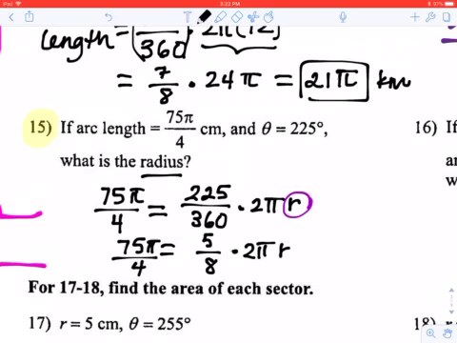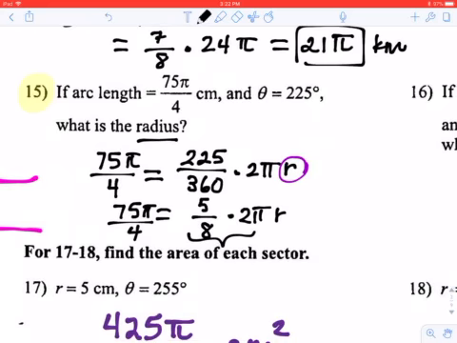I'm going to keep simplifying this side before I move that over. This 2 is like 2 over 1, so I multiply the 2 on the top with the 5. That becomes 10 pi, and on the bottom it's just 8. You're not multiplying the 2 by the 8, you multiply it by the 5.